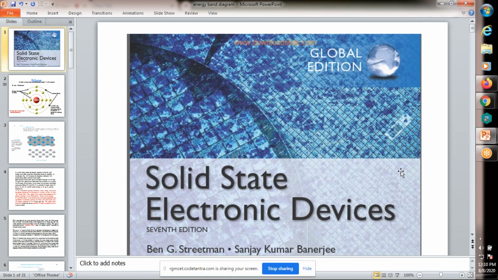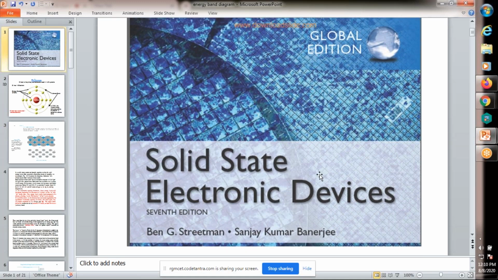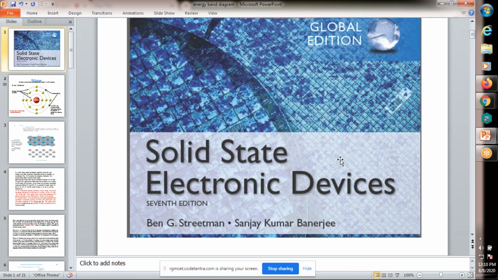Without referring to the energy band diagram, we briefly went through the conduction due to electrons and conduction due to holes. Now in this class we try to describe the same concepts using the energy band diagrams.